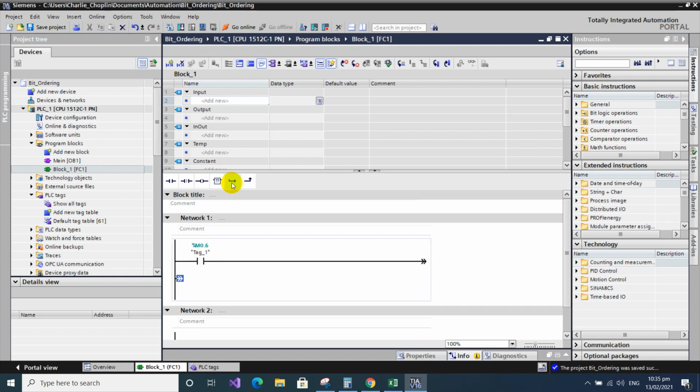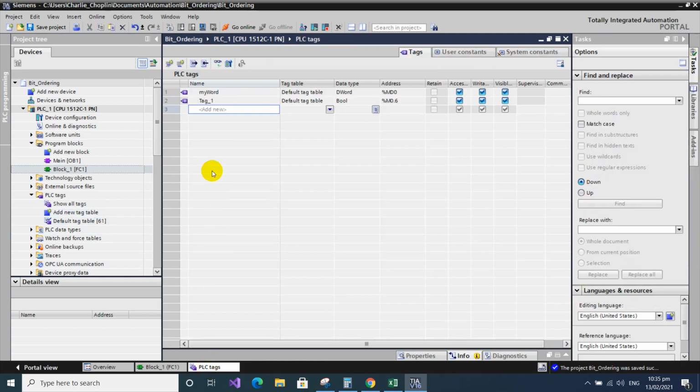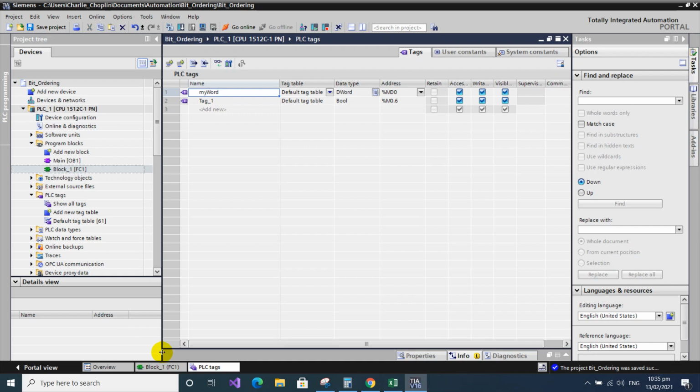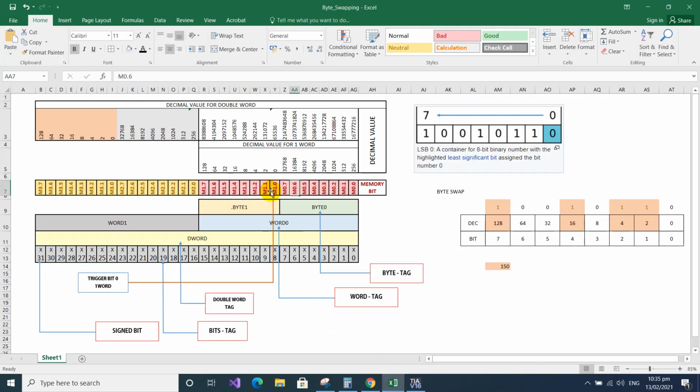Another way is to take it indirectly like this. Copy your tag name, and then separate with a dot, percent symbol, and then your bit number. So this is X. What is the bit number? 0.6 will be your sixth bit, right?